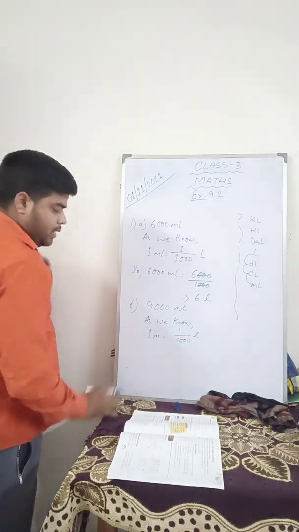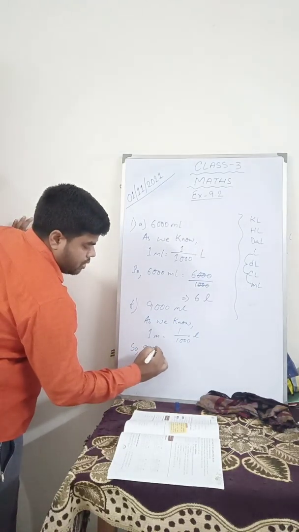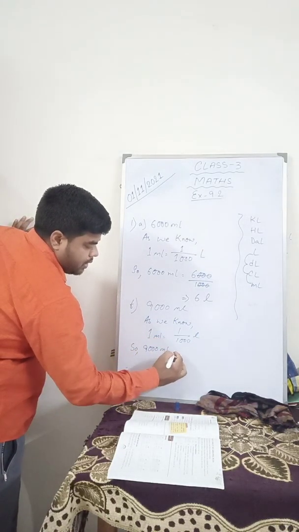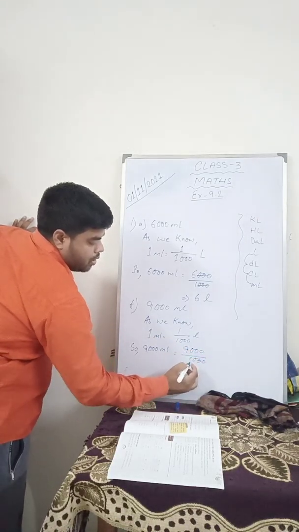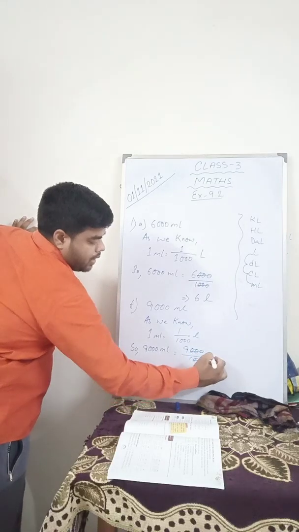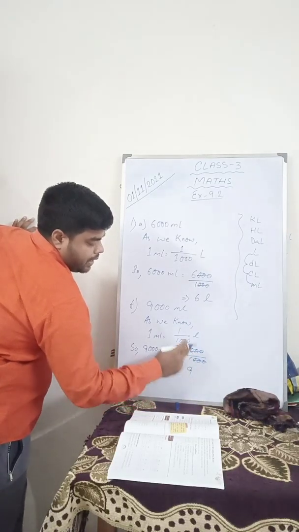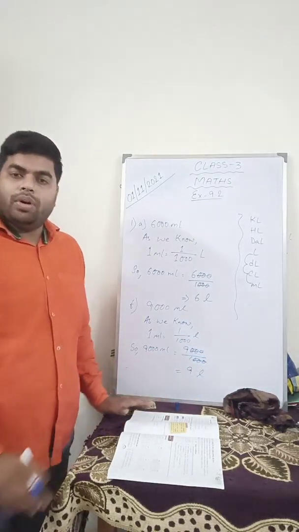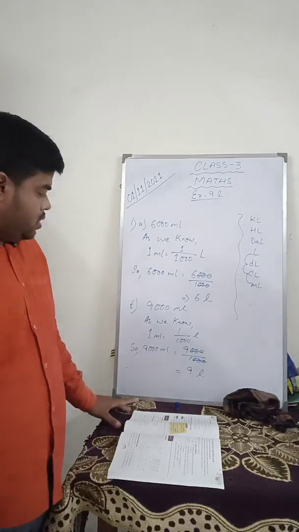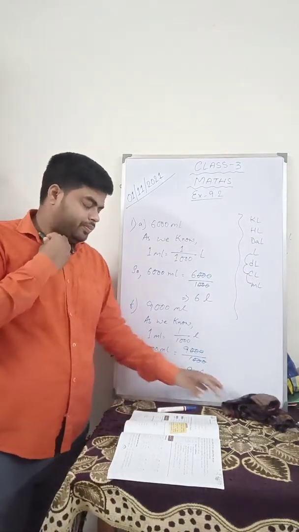So 9,000 milliliter is equal to 9,000 divided by 1000. So 3 zeros get cancelled, and you have how much? You have 9, and you have already converted. So 9 liter. So I hope all of you have understood this question number 1. Now let me show you question number 2.